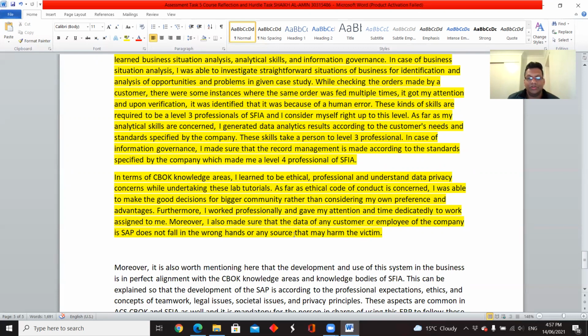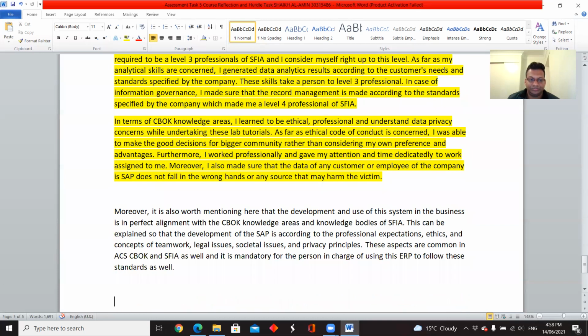Furthermore, I worked professionally and gave my attention and time dedicatedly to the work assigned to me. Moreover, I also made sure that the data of my customers or employees of the company in SAP does not fall into the wrong hands or any source that may cause harm to the victim.